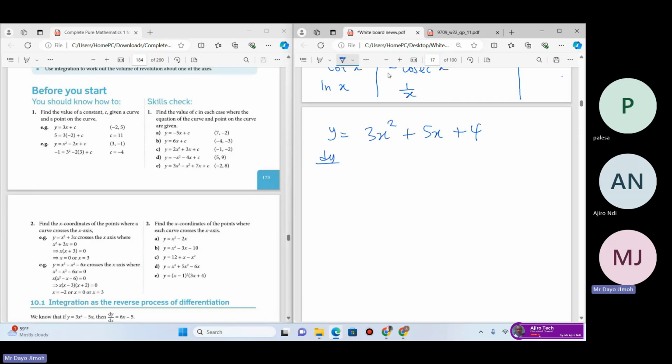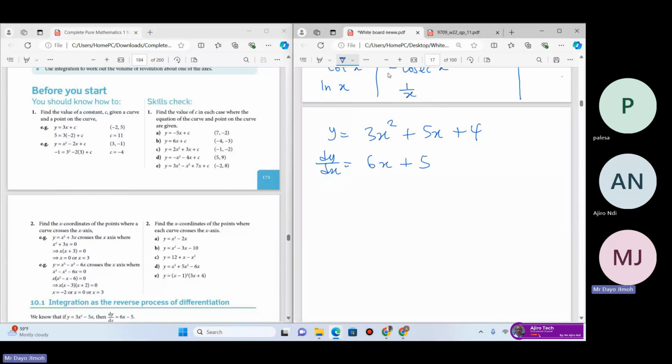Then dy/dx is what? 2 times 3, 6x plus 5, isn't it? Plus 0. It becomes 0. So let's say that this one has turned to 0. We are not writing it anymore. Then we want to integrate.